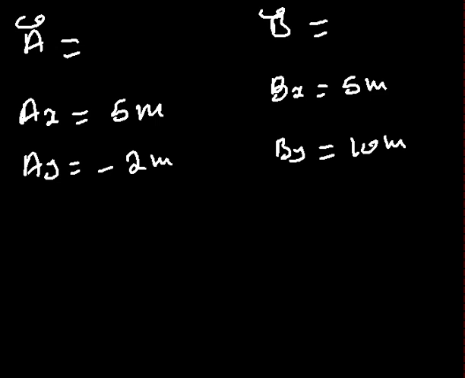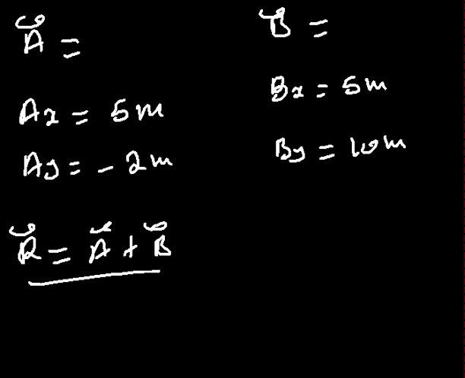Now, how should you find the magnitude of the resultant vector for the summation of these two vectors using the component method? And we should also tell the direction of the resultant vector.